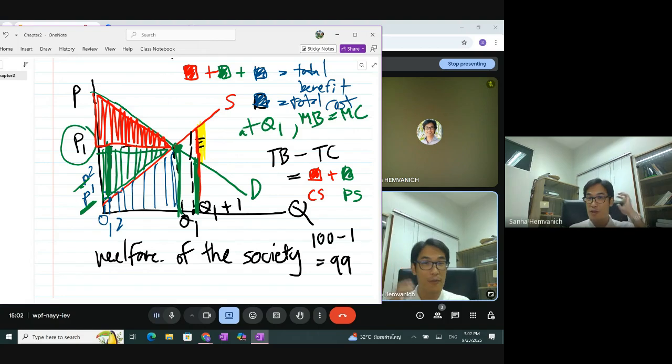So if you produce more than Q1, more than equilibrium, you actually have less total benefit.